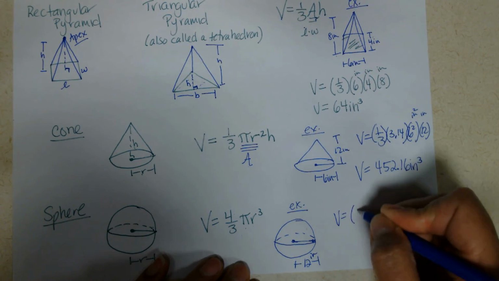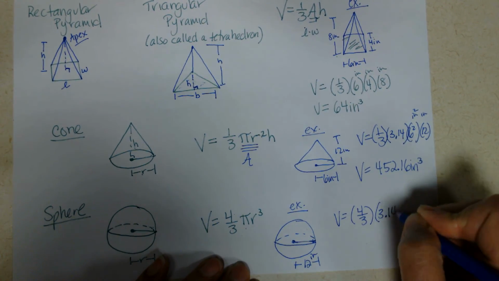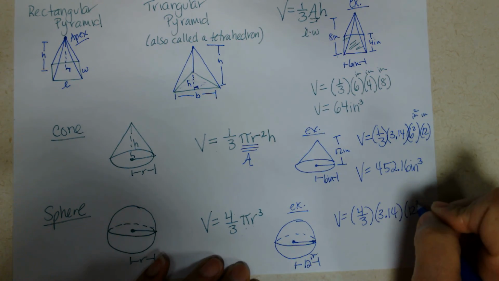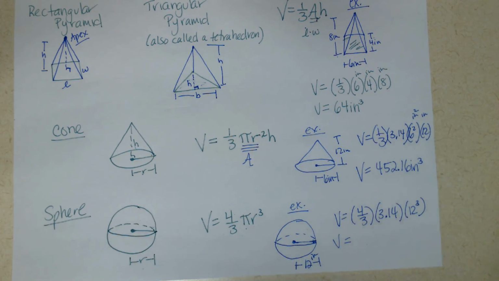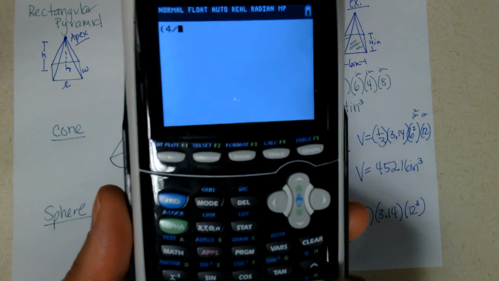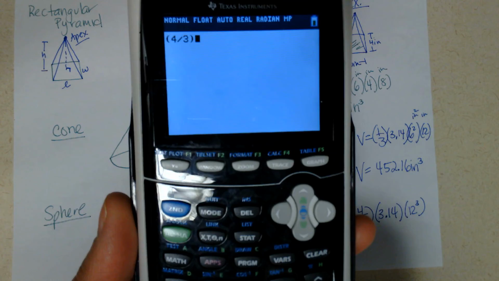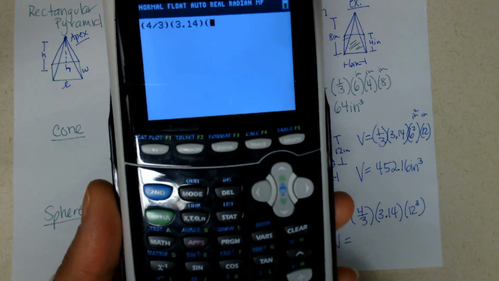All right, so volume equals, I'm already putting my 4/3 in parentheses, times my 3.14, and then my radius is 12 cubed. So volume equals, and I'm going to show you how I'm putting this in. So first I'm going to put in 4 divided by, just use my division sign, 3 times 3.14 times 12.